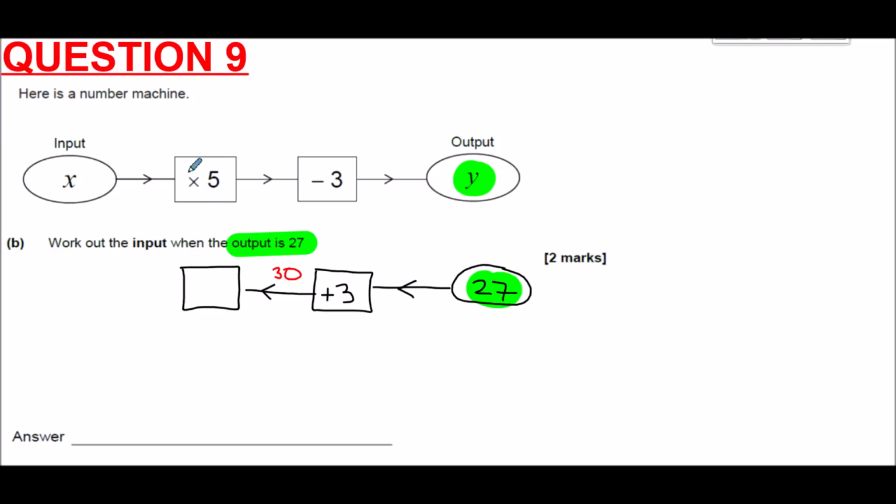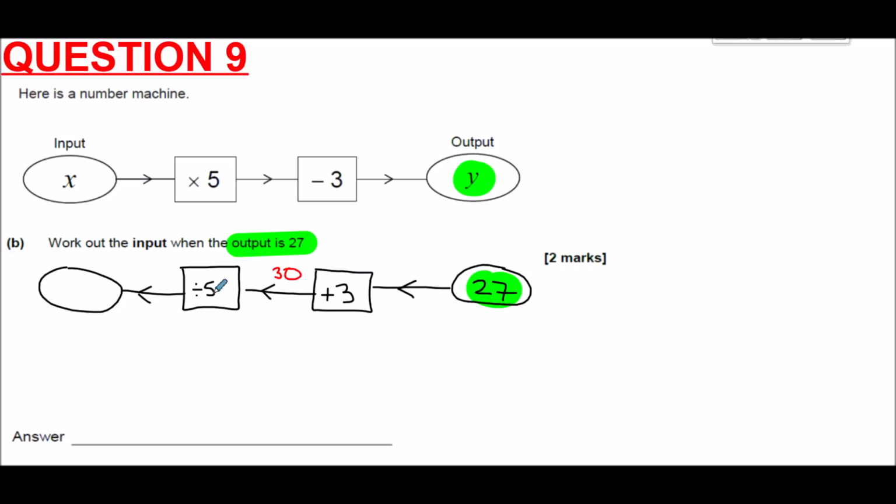So the next stage, we look above. Going the forwards way, from left to right, we were multiplying by 5. But now we're working backwards, going from right to left, we're going to do the opposite thing. And the opposite of timesing is to divide by 5. And once you've done that, we'll have our input worked out.